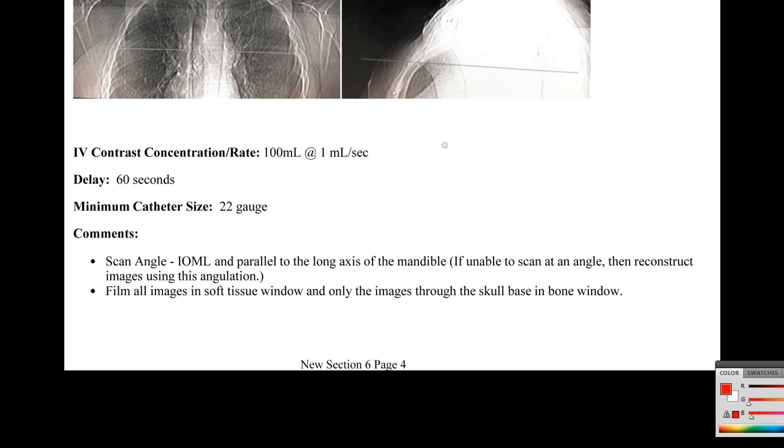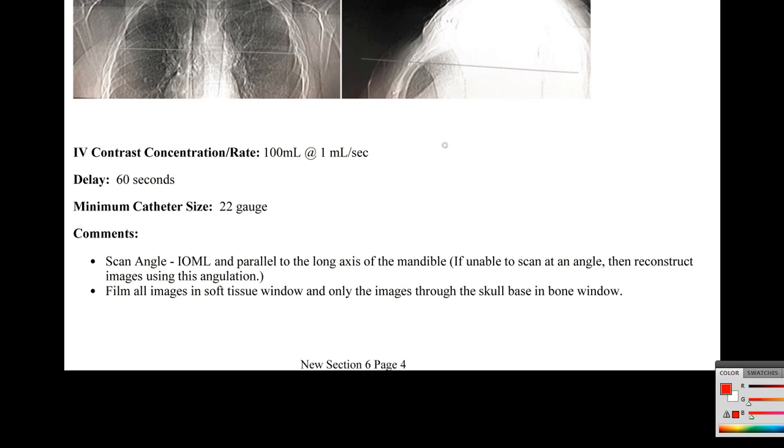There is some argument that the second way of doing this, by scanning straight and then angling, is actually better at producing excellent diagnostic images than scanning with an angled gantry. And so that is the frame of mind now, that basically we scan straight and then we angle our reconstructed images.